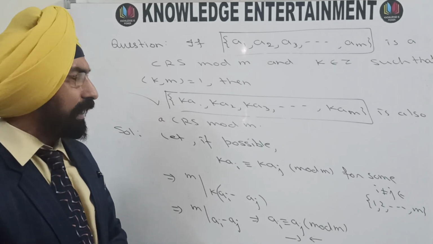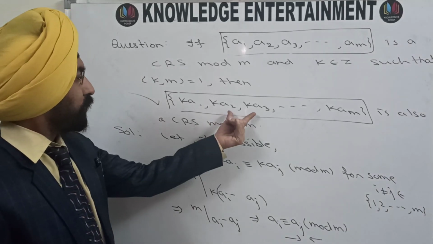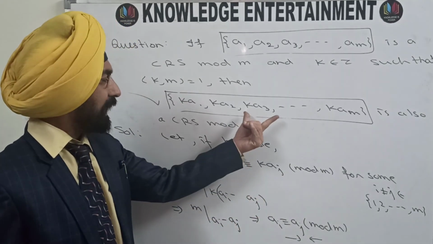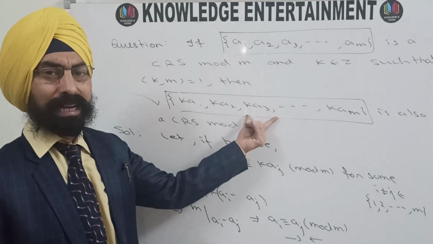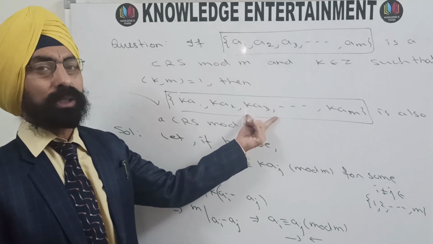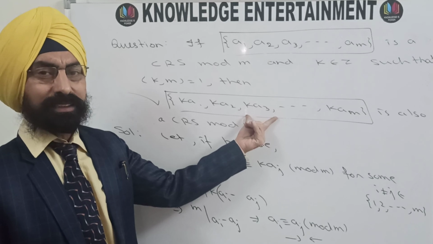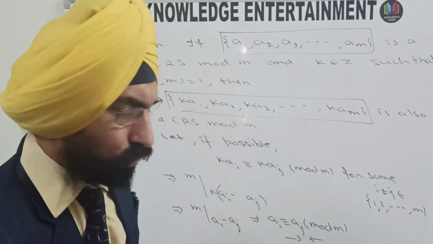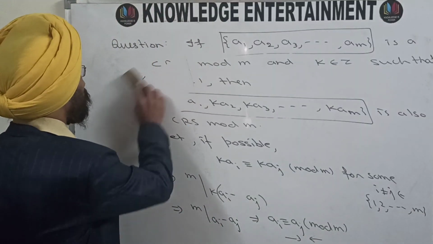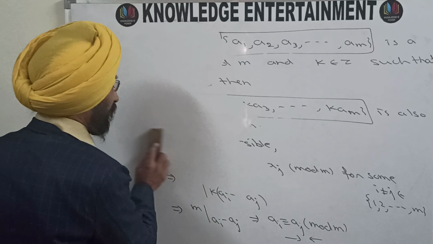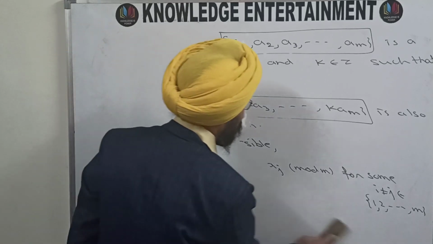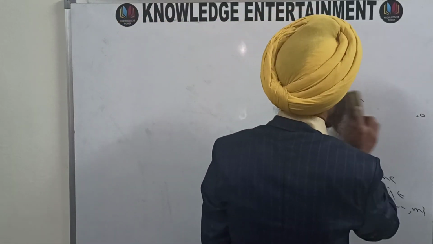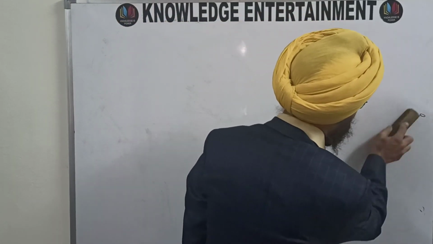Because we supposed that two members of this set are congruent to each other modulo M, which is not possible. Therefore, if there are M integers in a set which are pairwise not congruent modulo M, that means this is a complete residue system modulo M, which we wanted to prove. So we have solved this question, and next I will prove another very important theorem related to complete residue systems. So let us see what it is.